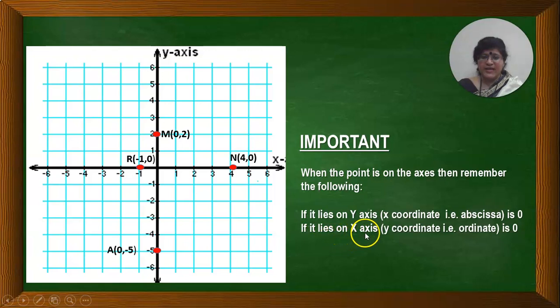Because if a point lies on x-axis, its y coordinate will be 0, that is, its ordinate will be 0. Now, when the point is lying on y-axis, its x coordinate will be 0, or the abscissa will be 0. Look at the coordinates of R. -1, 0 means it is definitely lying on x-axis because one of the coordinates is 0, and in this case the y coordinate is 0.